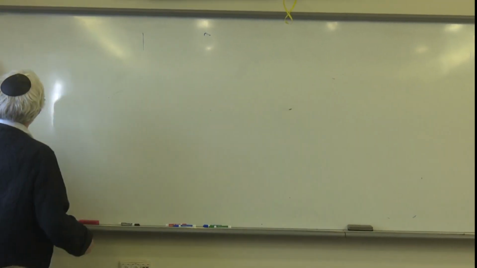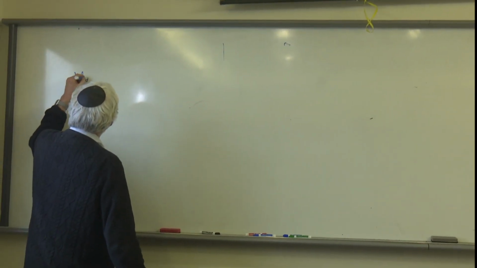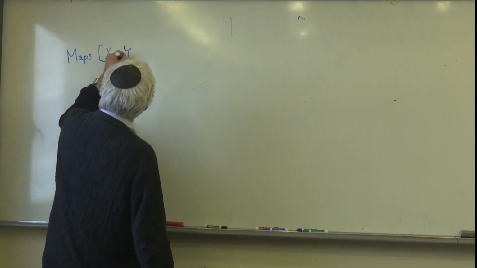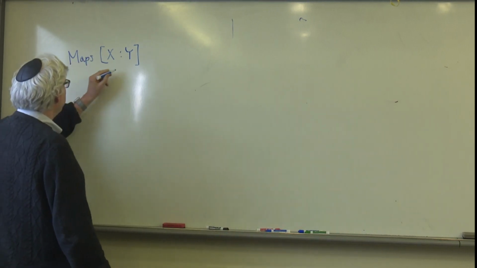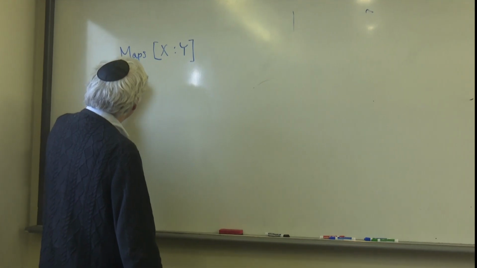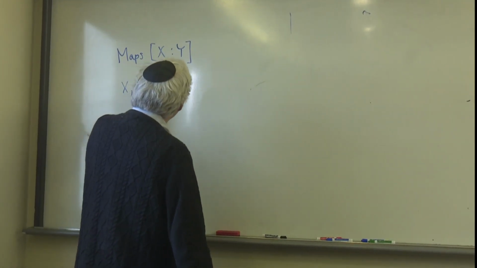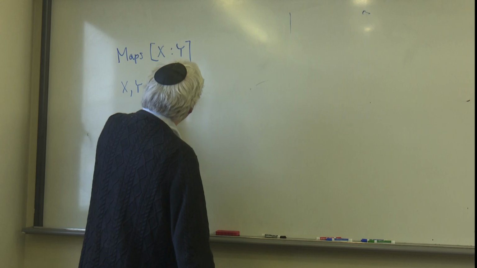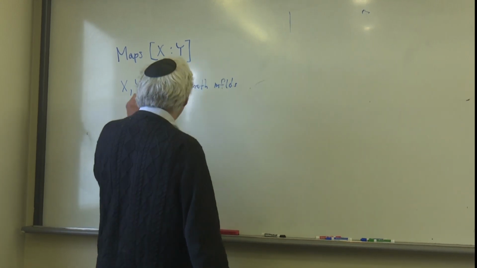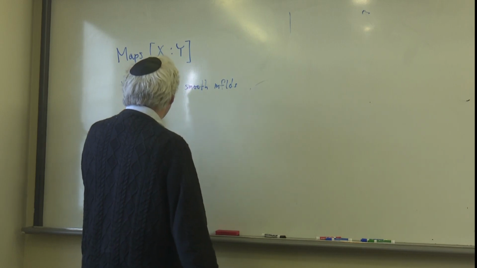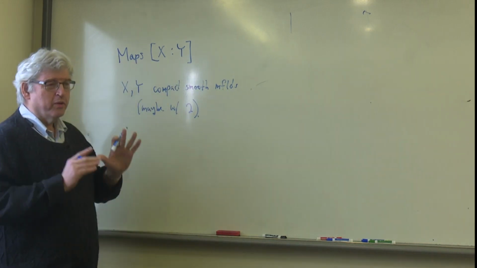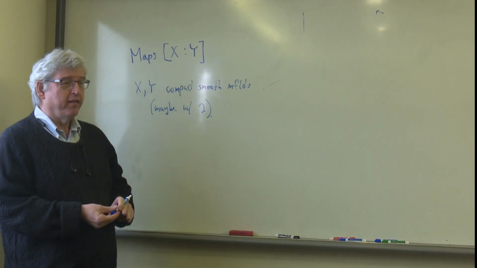Okay. So what we're studying again is the maps from X to Y. X and Y, you should think about as being, say, compact smooth manifolds, maybe with boundary, just so we're looking at good basic objects, right?